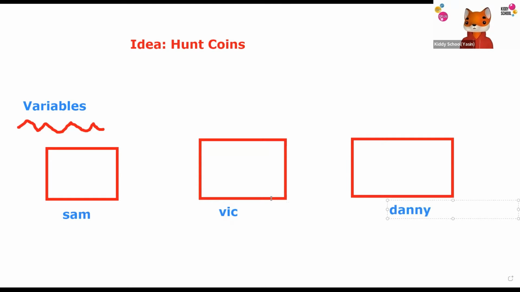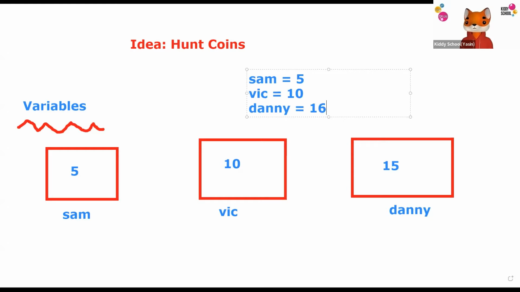All 3 players are going to have some values. Let's say Sam is playing at level 5. The level for Vic is going to be level 10. We'll be jumping by 5, and Danny is standing at level 15. So we have 3 variables here: Sam, who is 5, Vic, who is 10, and Danny, who is 15.